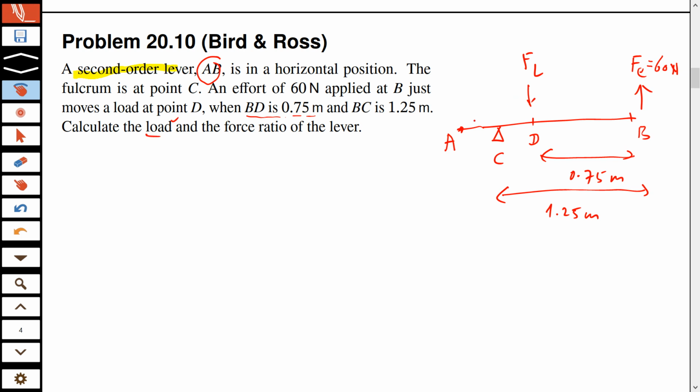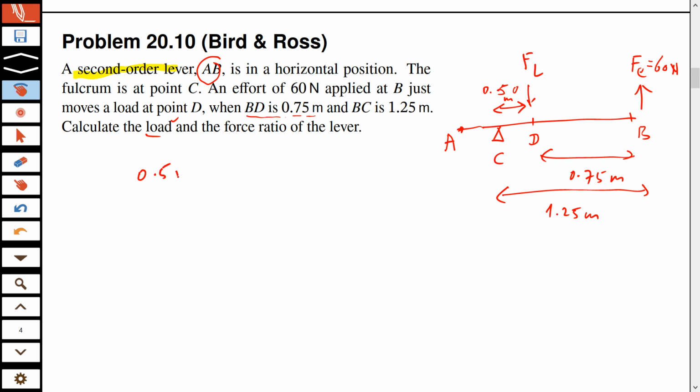So how do we calculate the load? Again, you just write the balance. So for the balance, you need this distance. This distance is 1.25 minus 0.75. So what will be the difference? 0.5 meter.